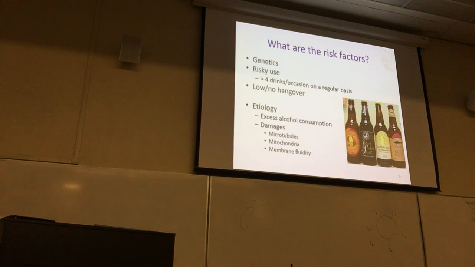If bright lights, loud noises, food, or a beer the next evening sound absolutely awful, you probably overdid it the night before. So the etiology is that excess alcohol consumption can cause damage to the architecture of the liver, to the microtubules, to the mitochondria, as well as to the membrane fluidity of the liver.